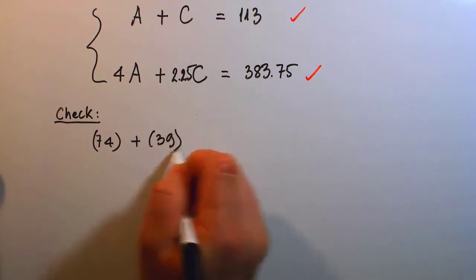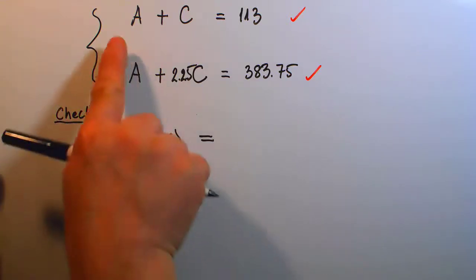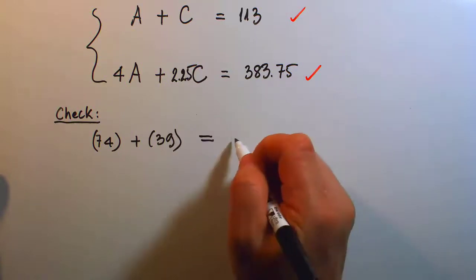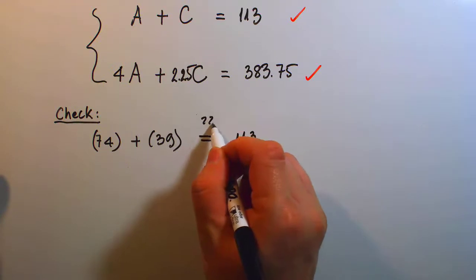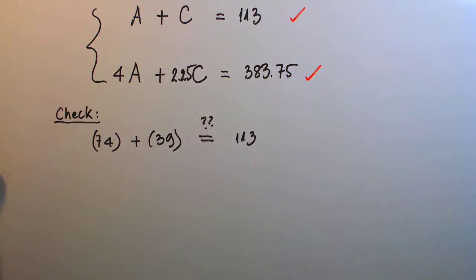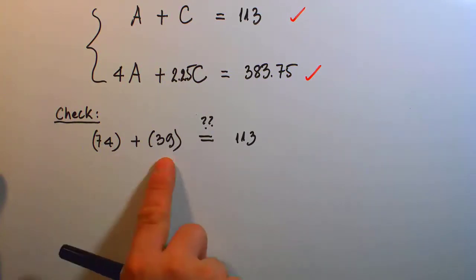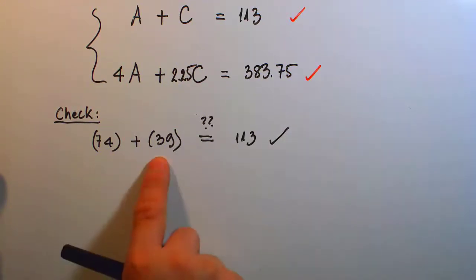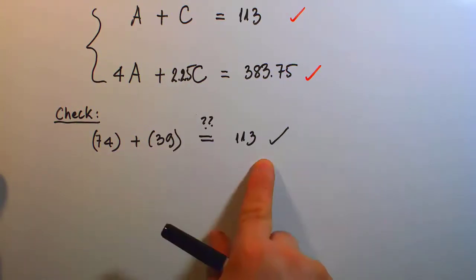We would like to find out if the sum on the left hand side would equal 113 on the right hand side. For now, I'll put a check mark here because I haven't done any calculation yet. But the calculation does turn out that the left hand side equals the right hand side. So the values we found for A and C worked for the top equation.